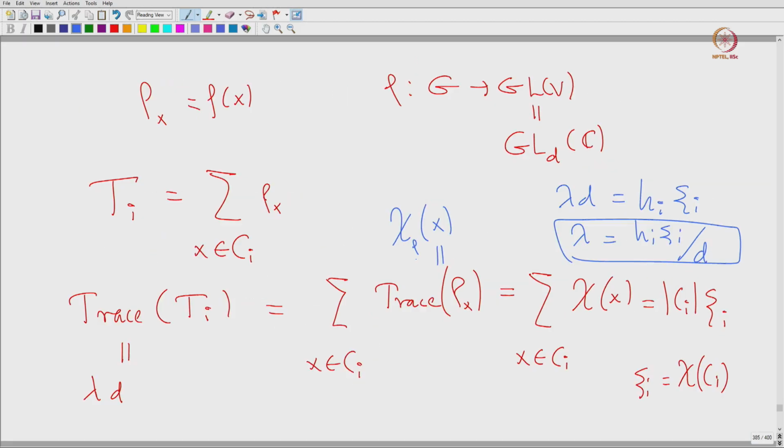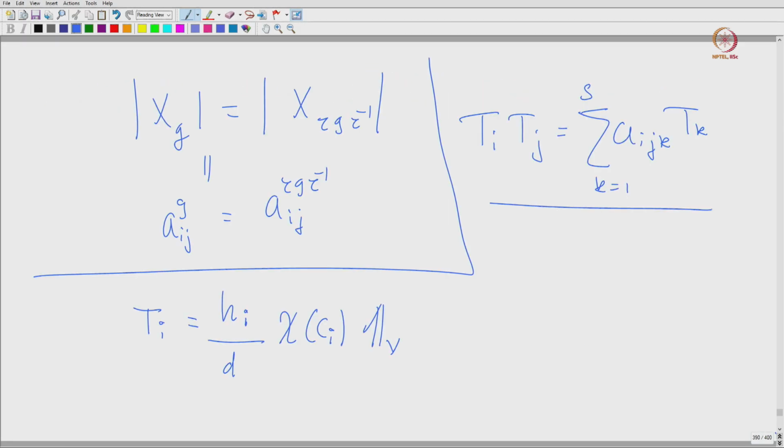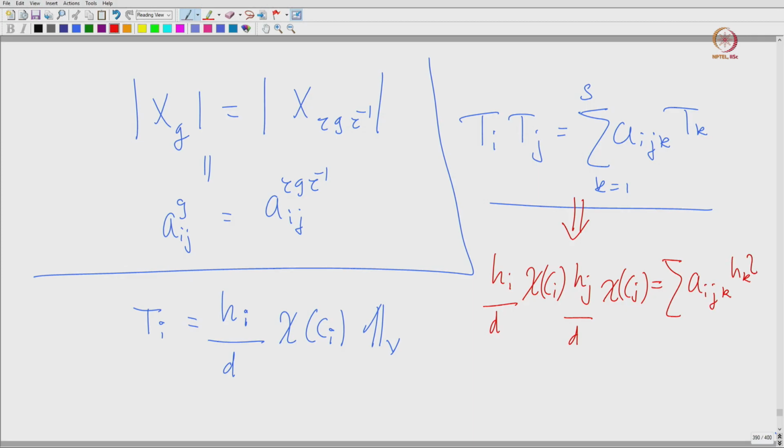So, if we substitute that in this equation, this is going to give us that h_i chi(C_i) divided by d times h_j chi(C_j) divided by d is exactly equal to summation a_{ijk} h_k chi(C_k) divided by d.